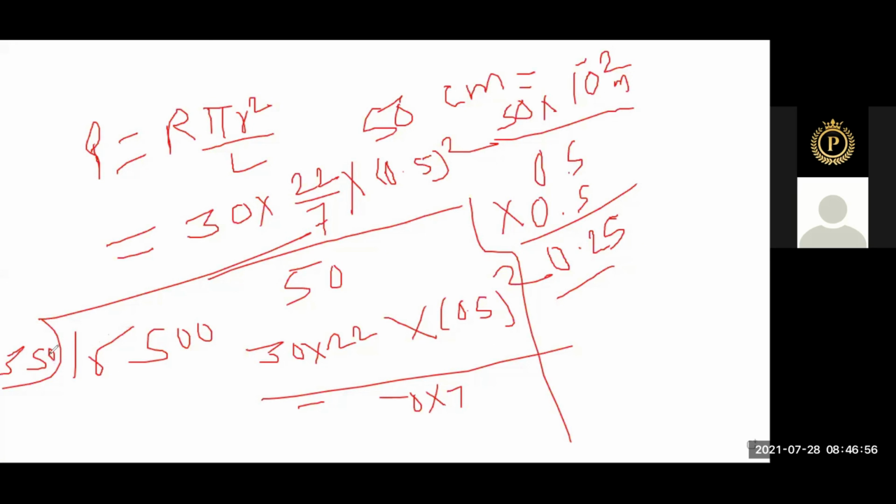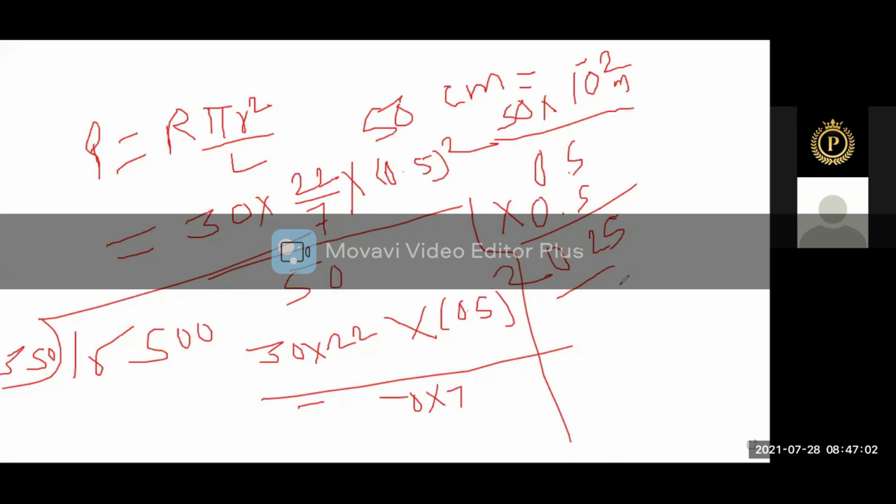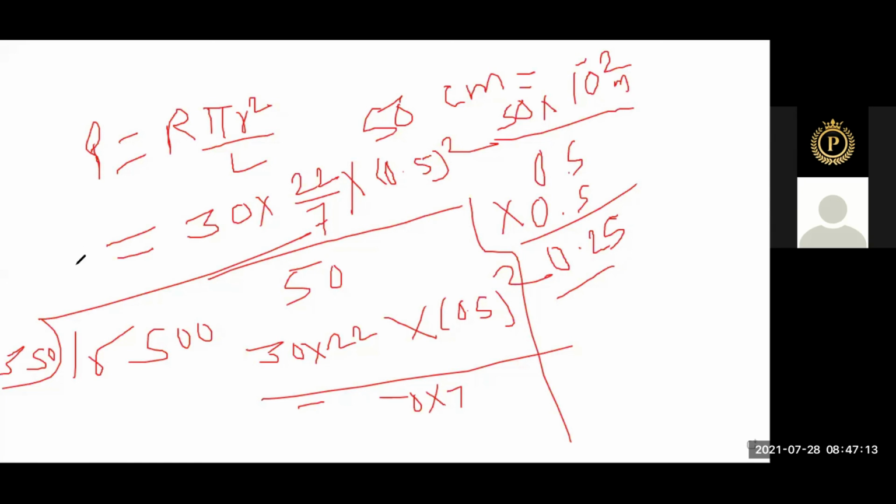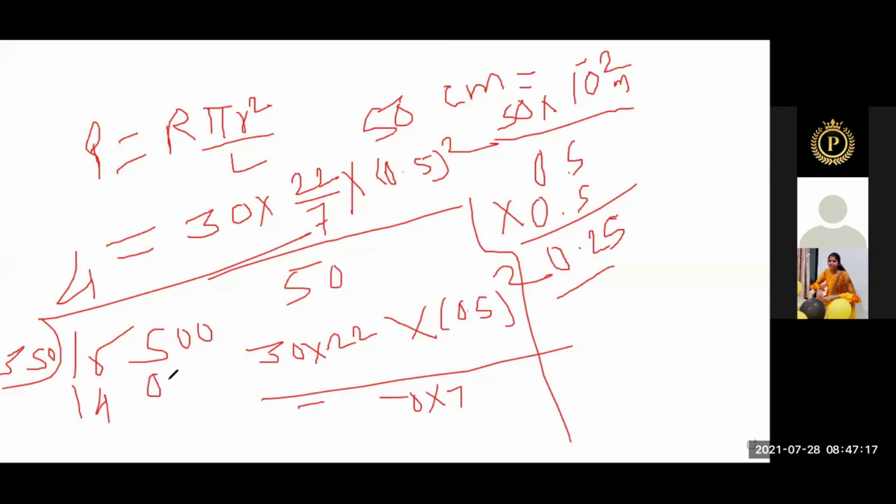We do 35 or 350. Okay, so 350 ones are 350, 350 twos are 700, 350 threes are 1,050, and 350 into 4 will get us 1,400. Like this you can do its multiplication.